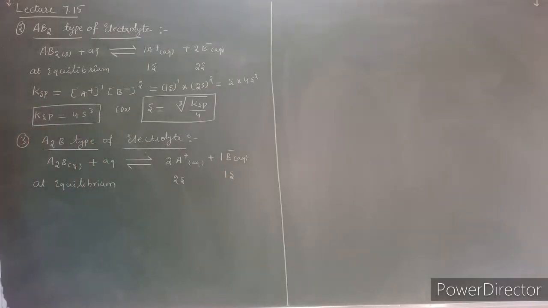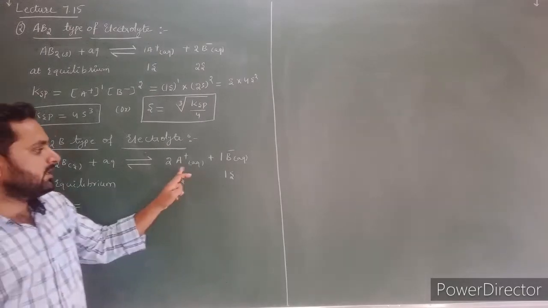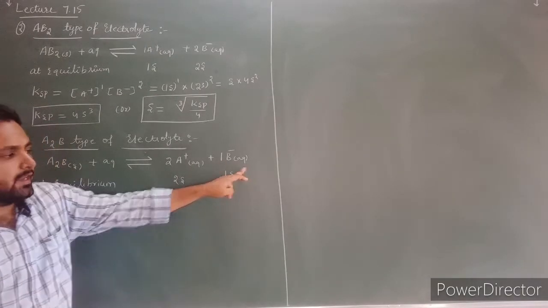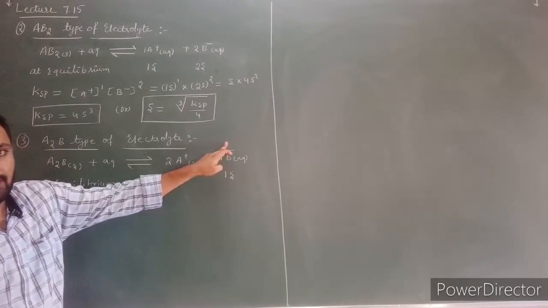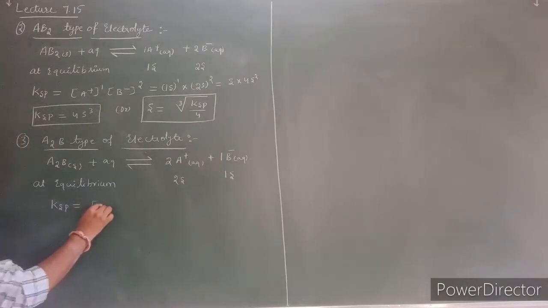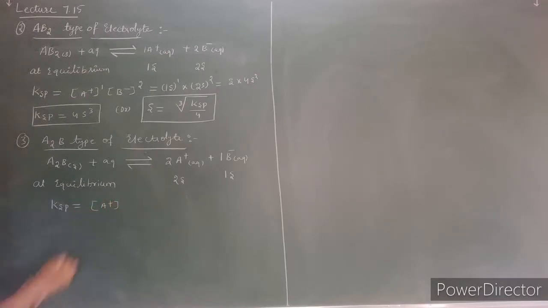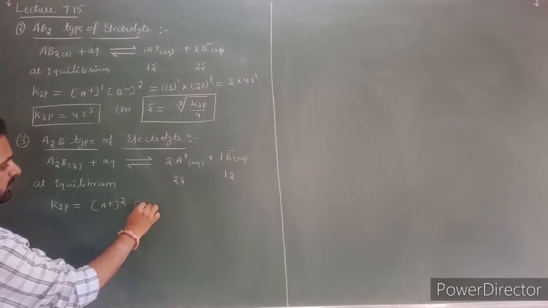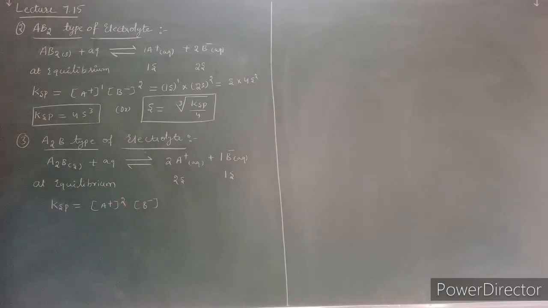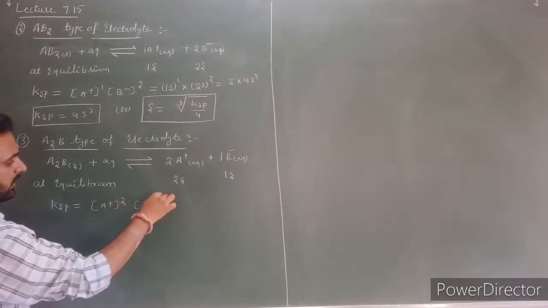Now let us write the Ksp mathematical expression for this reaction. Ksp is equal to the product of molar concentration of ions present in saturated solution. In saturated solution, A plus and B minus ions are present. So molar concentration of A plus ion, and its stoichiometric coefficient is 2, into molar concentration of B minus ions, and its stoichiometric coefficient is 1.